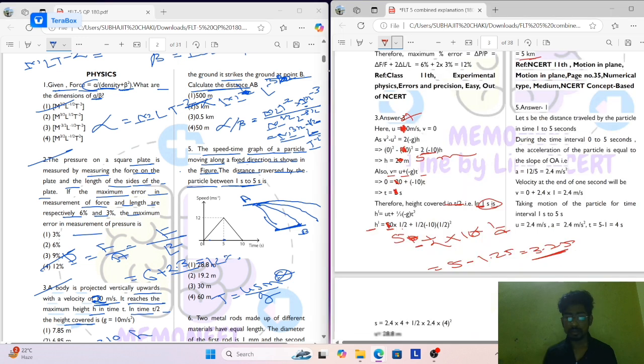So to calculate this, the area under the speed time graph will give us the distance, sorry, not the slope. This is a triangle, so half into base, 5, into height, 12. That means 30. Okay, this is 30, right?